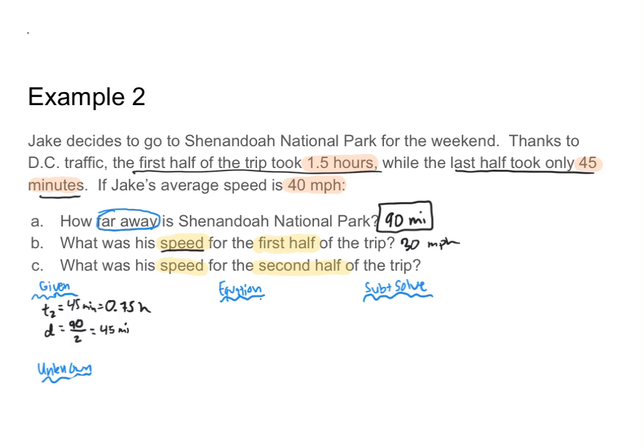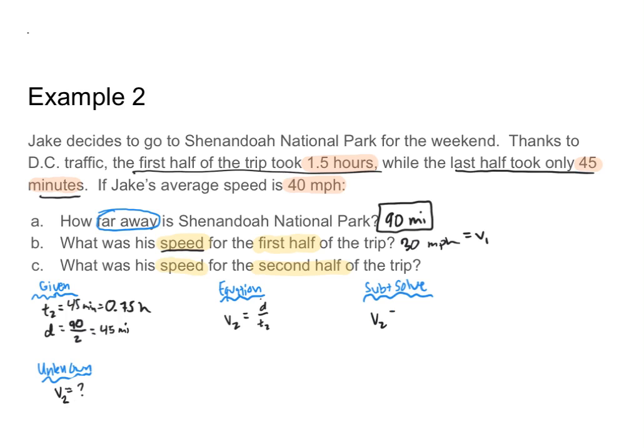My unknown for C is going to be the same as my unknown for B, and it's going to be my speed, but I'm going to call that V2, since it's my speed for the second half of the trip. And in fact, I'm going to say that this is V1 for part B. My equation is going to be V2 is equal to my distance over my time, and I can substitute and solve.